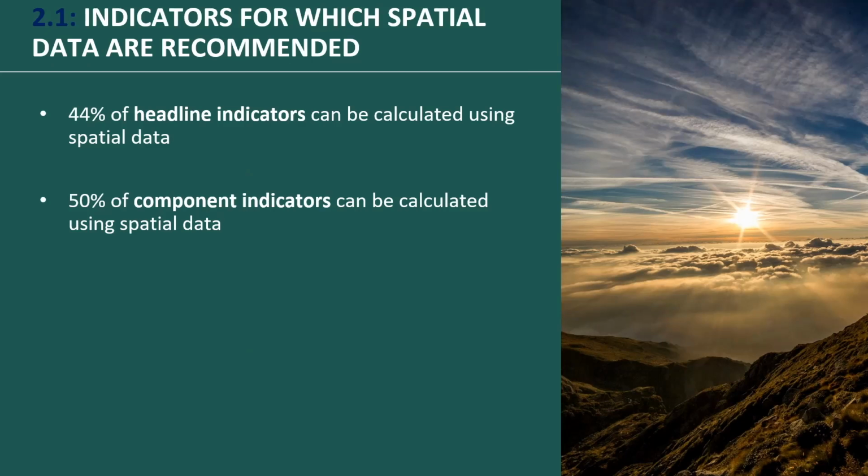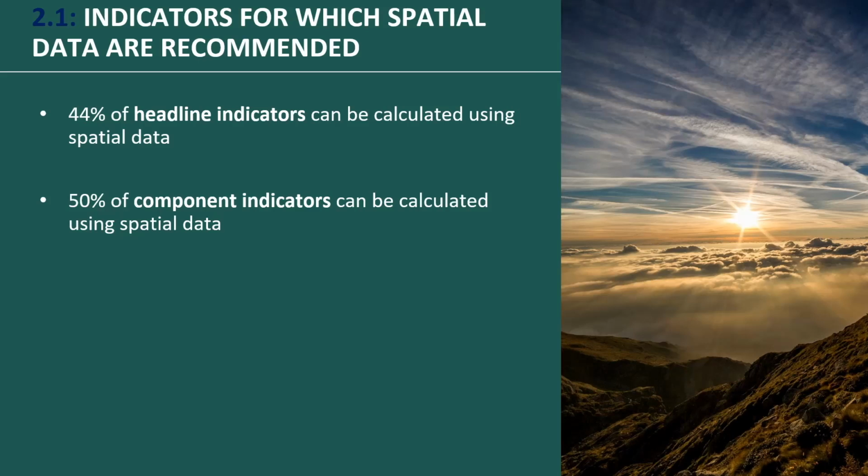So we followed a rigorous approach in assessing which indicators require or encourage the use of spatial data in their calculation. What did we find? I know you're waiting with bated breath. So we found that 44% of the headline indicators and 50% of the component indicators have methodology encouraging the use of spatial data.